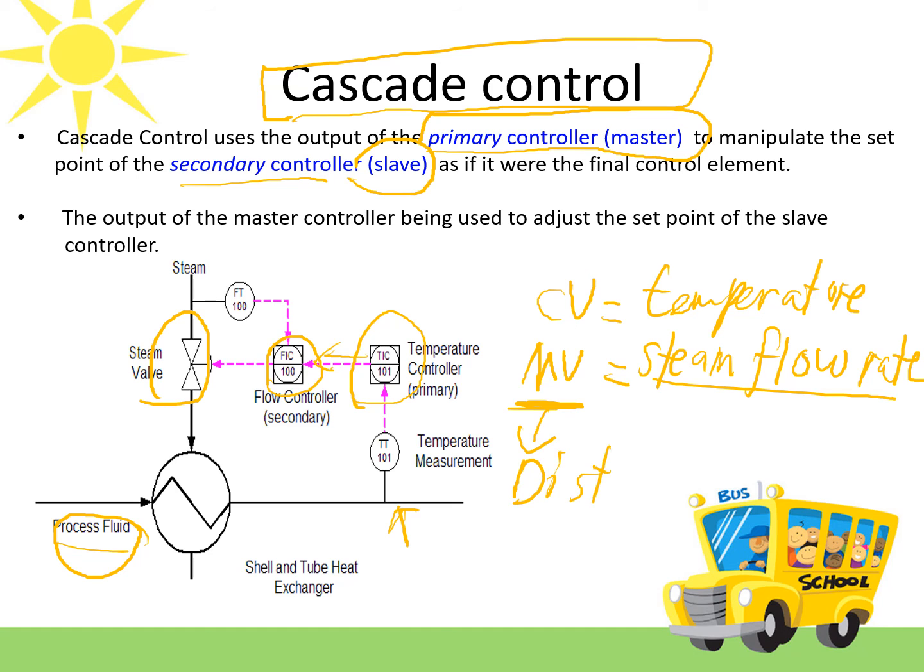So before it disturbs the process, you will have a predictive control action using the cascade control. So this is how the cascade controller works, where you have the primary and the secondary controller to control the temperature of this stream.